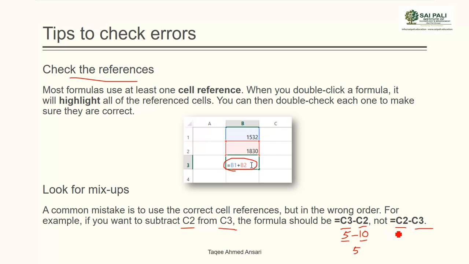Now if you reverse the order, this will be 10 and you are subtracting 10 from 5, and what result will you get? You will get minus 5. So it is not right, it is wrong. The cell reference is not wrong, it is the order we have given that is wrong. So you have to be careful about the order of the references also.